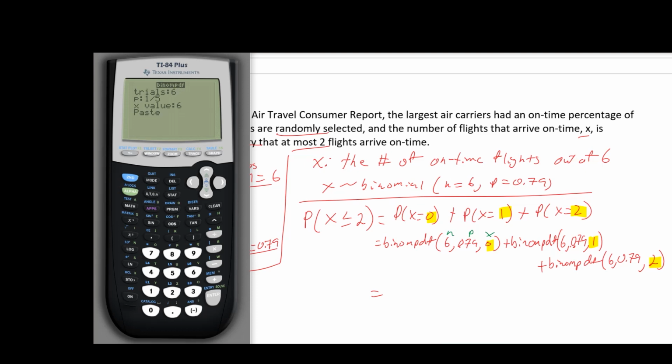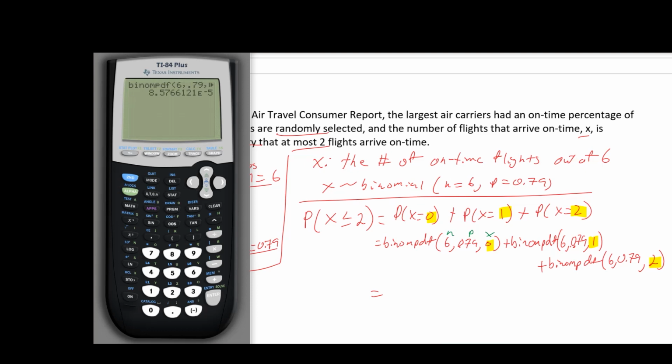Then enter, and you'll get the same thing that we have. If you have a TI-83, you'll know what I'm talking about: 6, comma, 0.79, comma, 0, and then press enter.